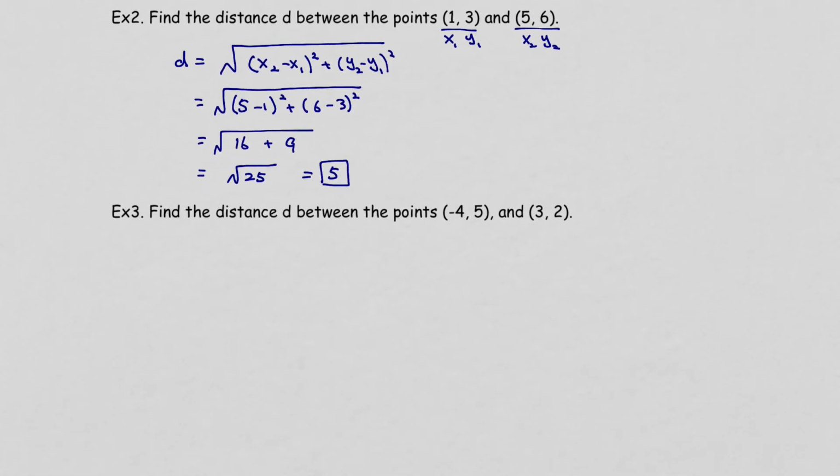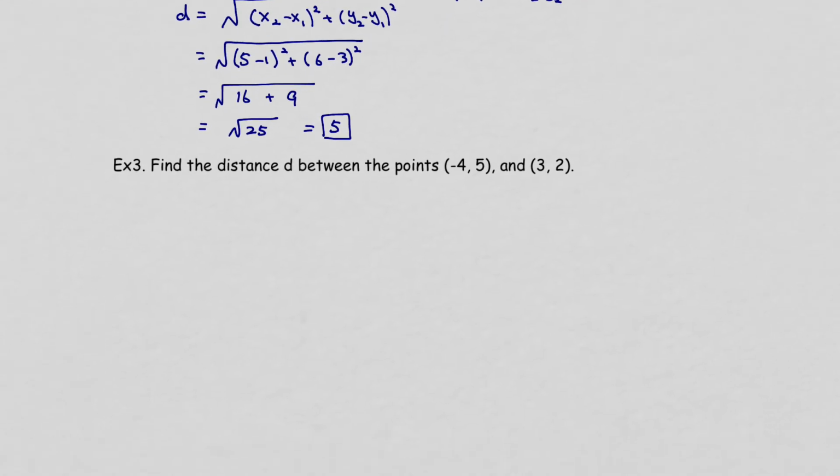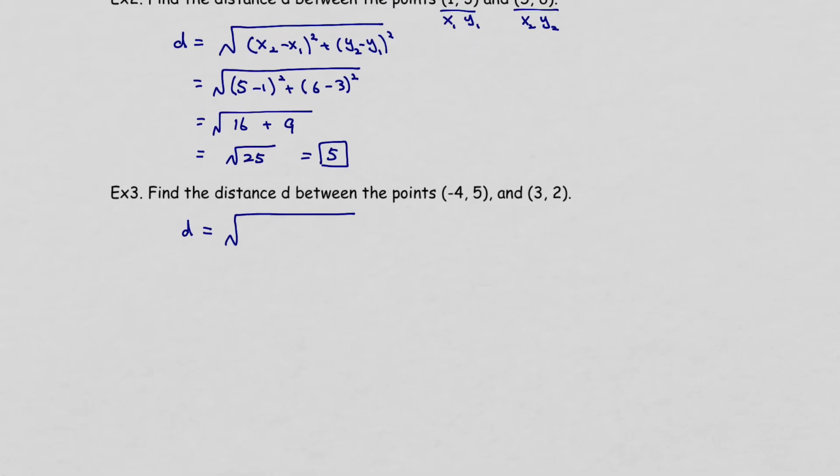If we wanted to do one more just like that, let me try one more. And this one has negative numbers, so make sure. Using the formula, you will see the formula right here again, right? So x2 is 3, x1 will be negative 4. So minus negative 4 means adding 4.